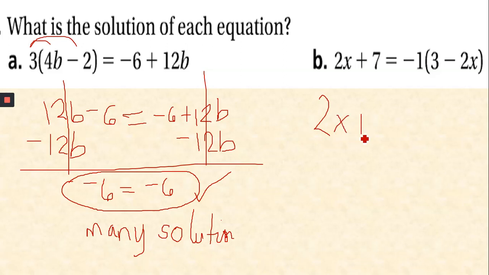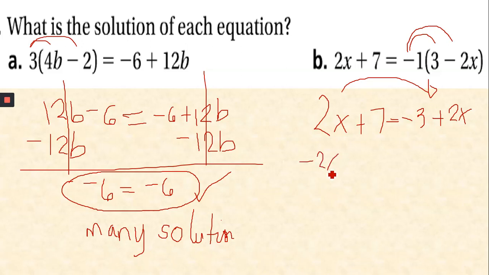Okay, the next one, we have 2x plus 7 is equal to, again, distributive property, negative 1 times 3, that is negative 3. Negative 1 times negative 2x, that is positive 2x. Get the opposite. This time we will try to move 2x on the right side. The opposite of 2x is negative 2x.